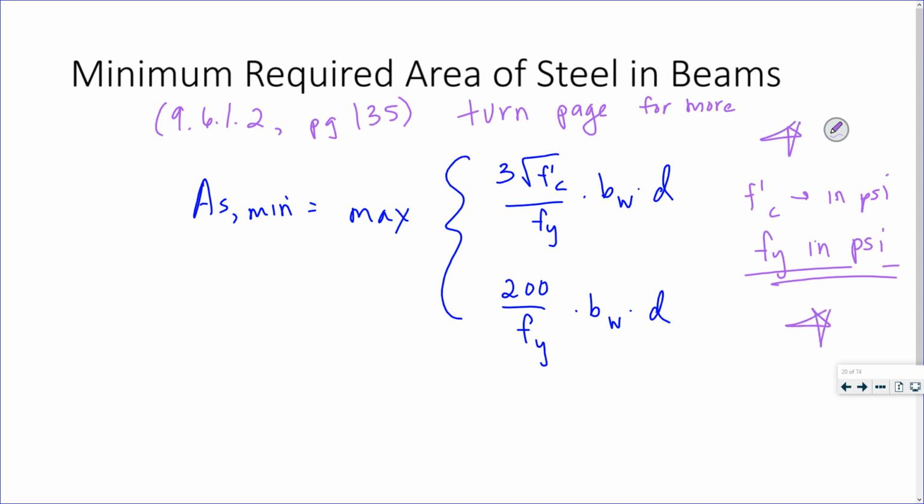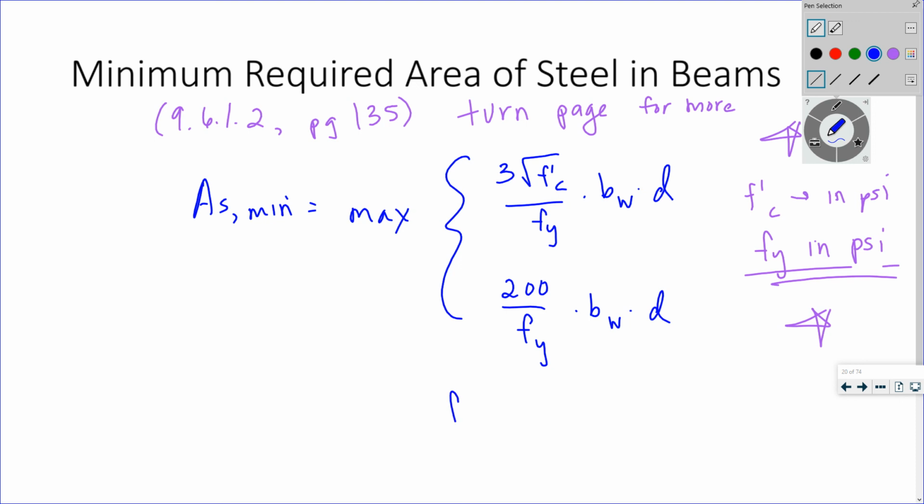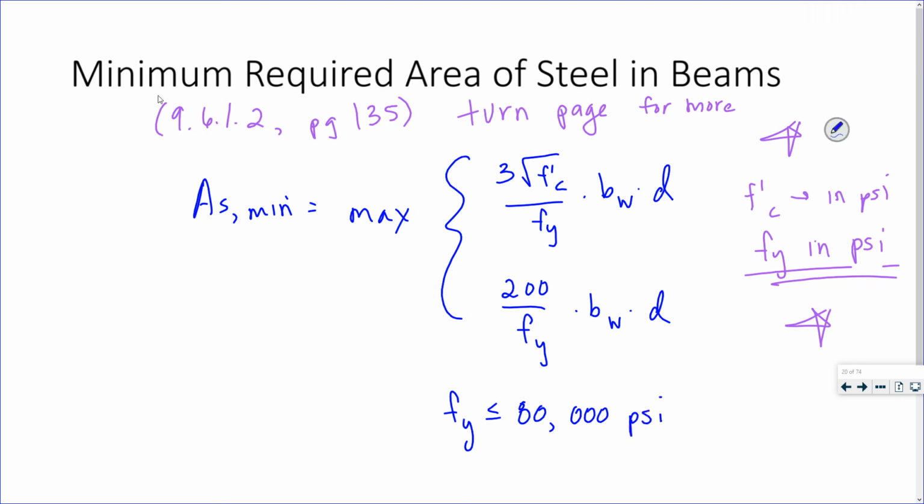Basically, if 3 square root F prime C is greater than 200, you use the first one. If it's less than 200, you use the second one. And this is all assuming your yield stress is less than 80,000 PSI. We have to limit it to 80,000 PSI.